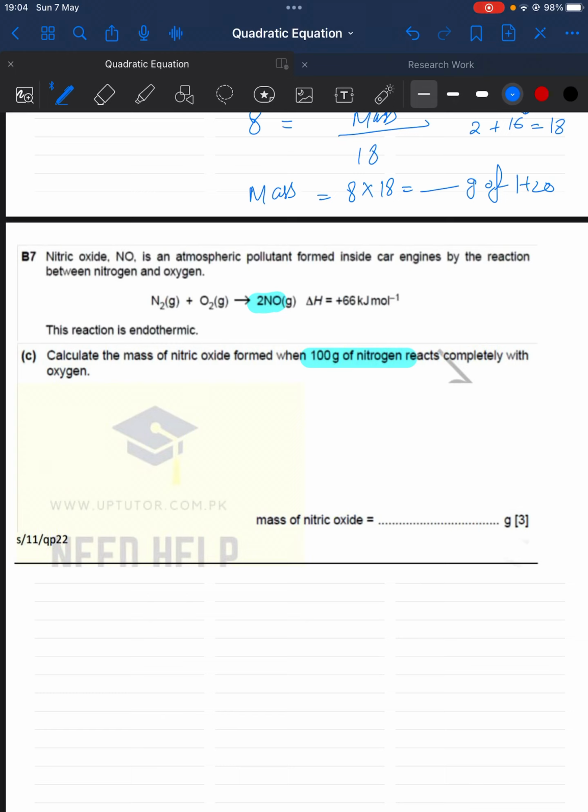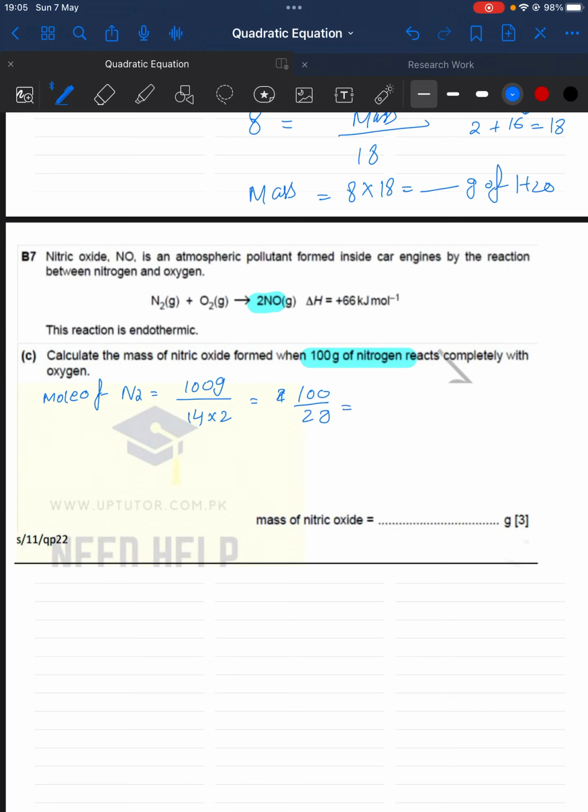As we discussed in the last question, we just need to convert whatever is given into the number of moles. So moles of N2 is equal to the given mass, 100 gram, over the molar mass. The molar mass of nitrogen is 14, and we have 2 nitrogen, so 14 into 2, so it will be 100 divided by 28.